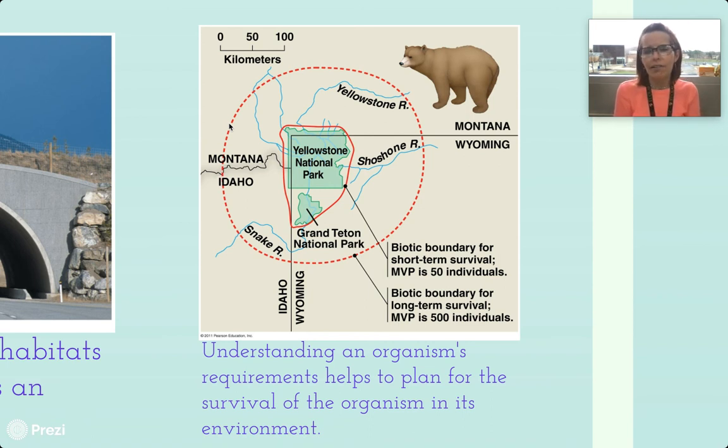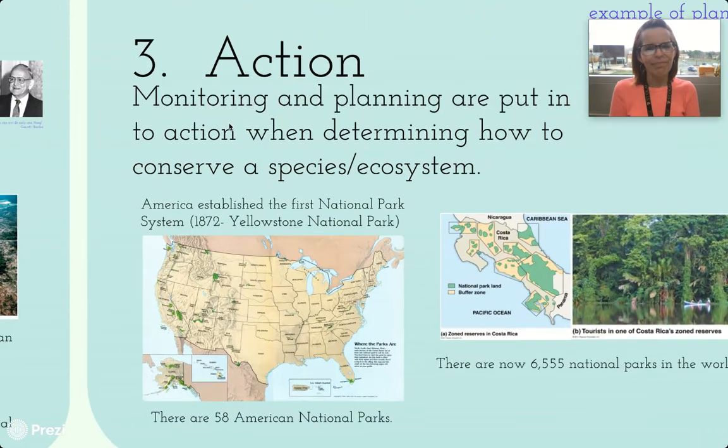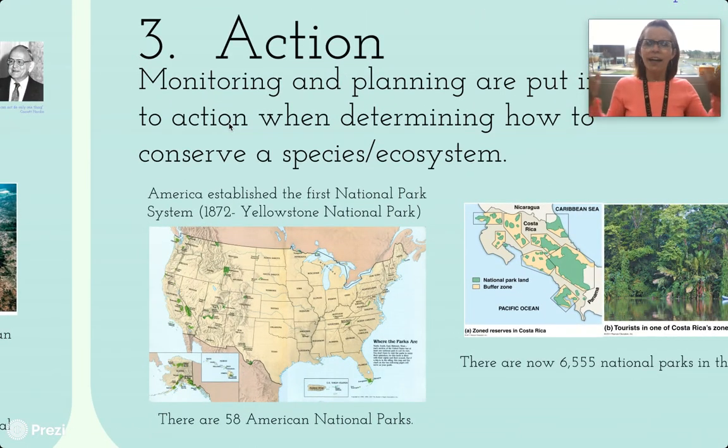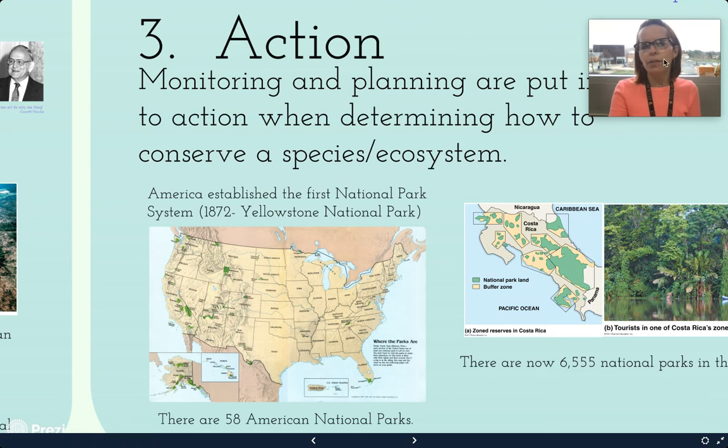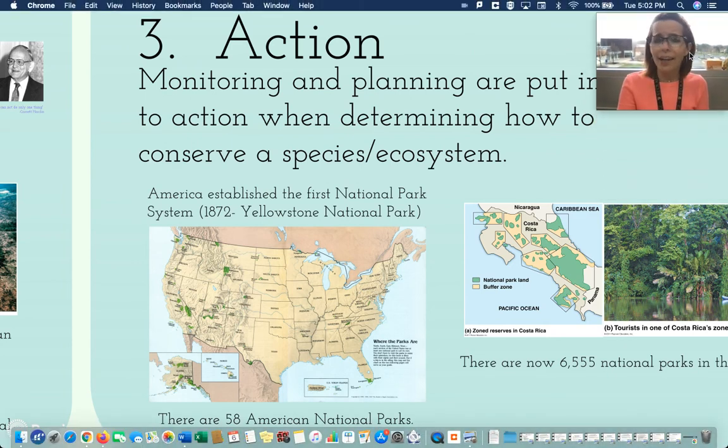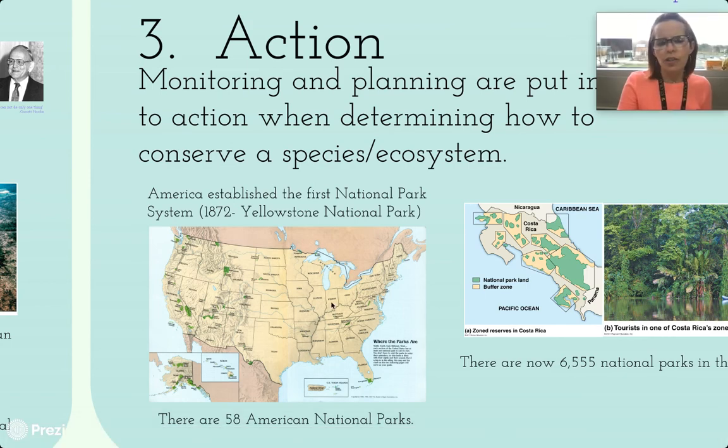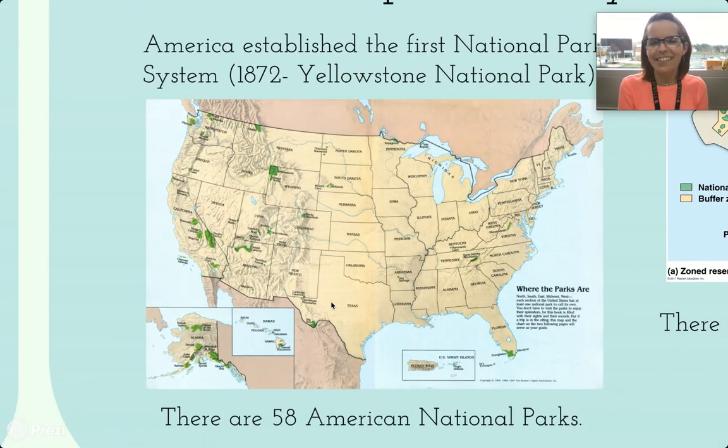And so we just need to understand how much space, and we need to form ways for animals to get from, say, one protected area to another protected area without running into cars and humans and all that kind of thing. All right. And then once we've studied and we start getting some ideas, we actually need to put some plans into action. So obviously national parks are a huge part of what we're doing. And they show some of the national parks here, but this is already out of date.